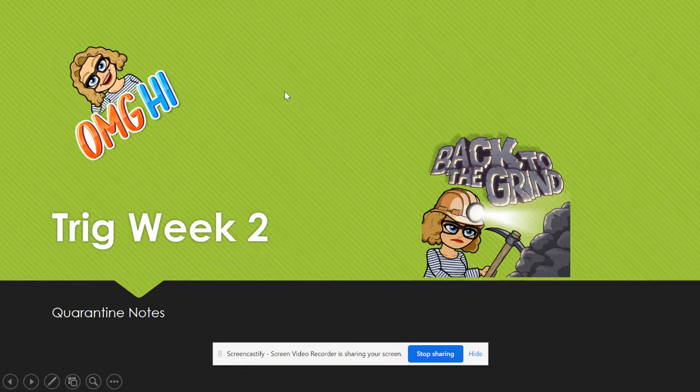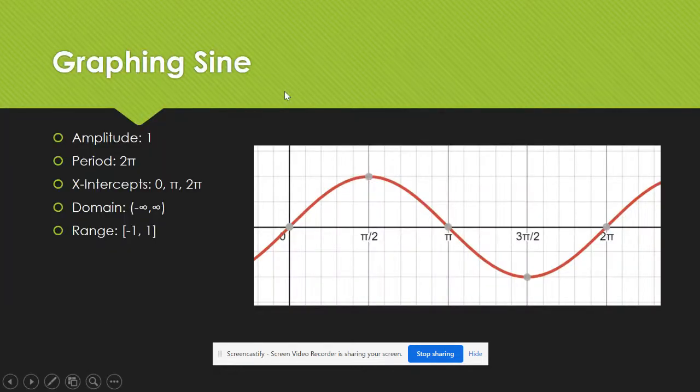So away we go. When we're graphing sine, the sine curve is always going to start at 0 unless we move it around. But y equals sine x always starts at 0, goes up to 1, back to 0, down to -1, and then ends at 0. And so a full cycle of the sine curve takes 2 pi to happen, and we call that the period.